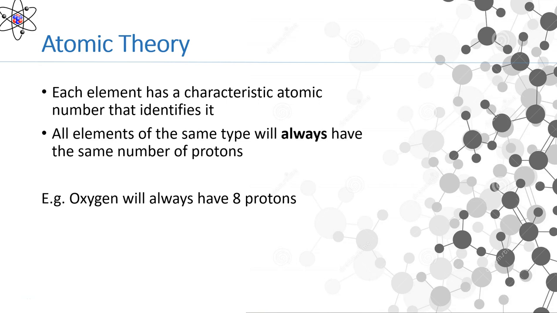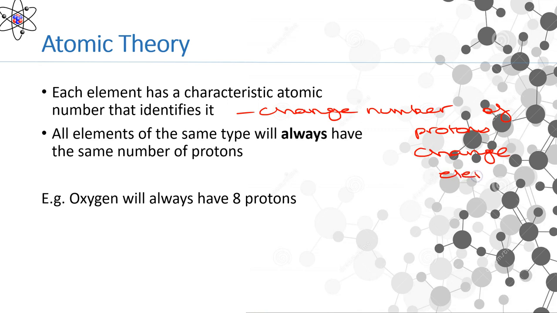As we know, every element is different. It has a characteristic atomic number that identifies it. If I change the number of protons, then I am changing the element I am talking about. Sodium is 11 protons.